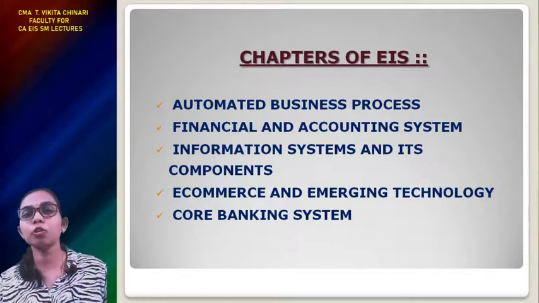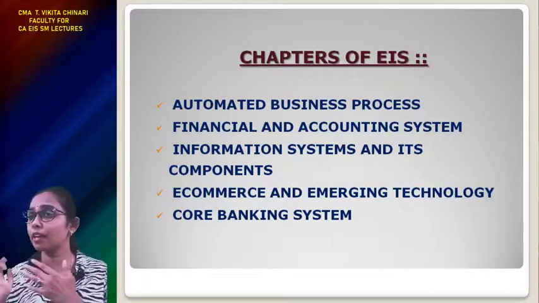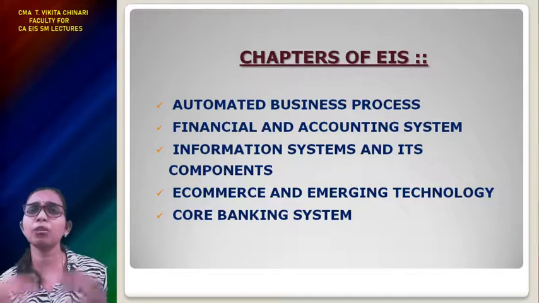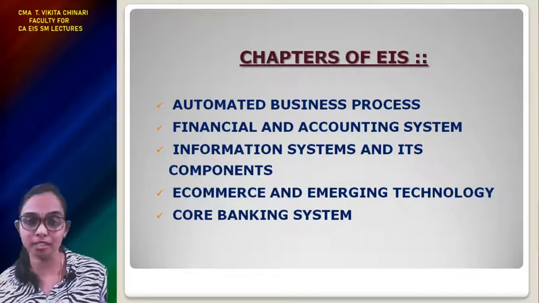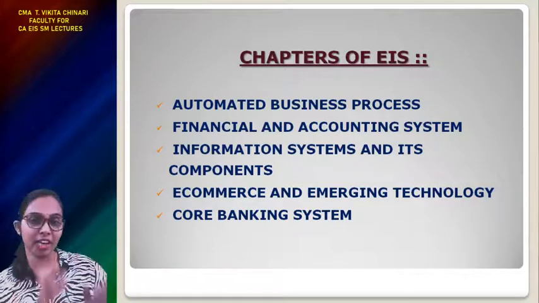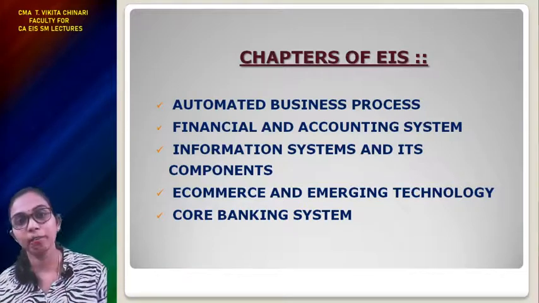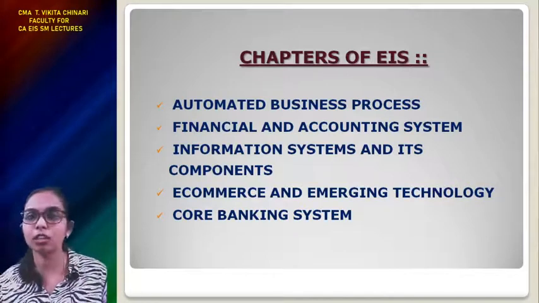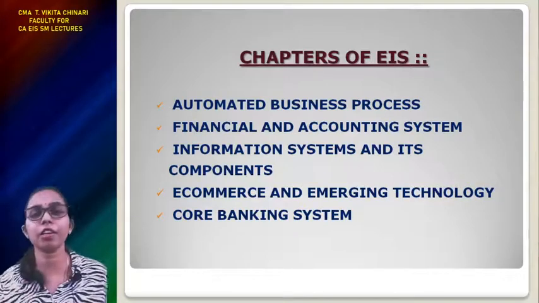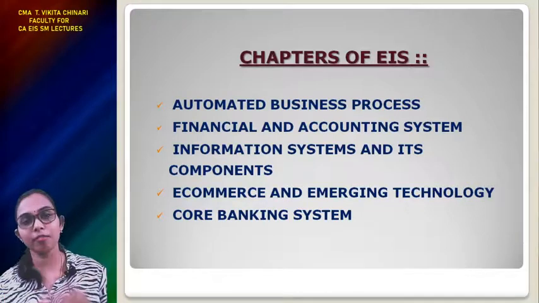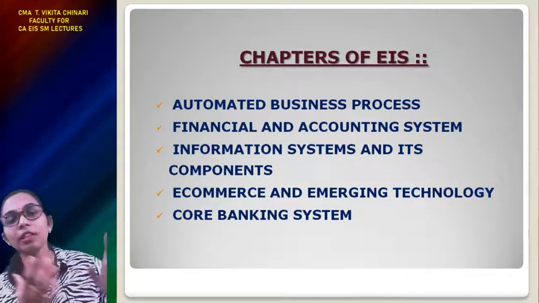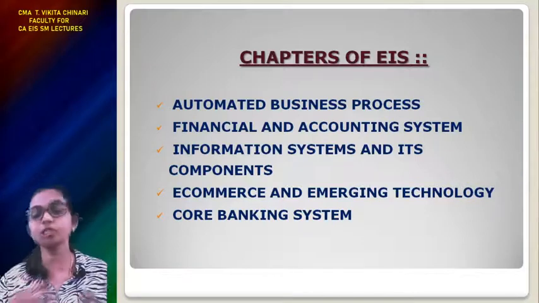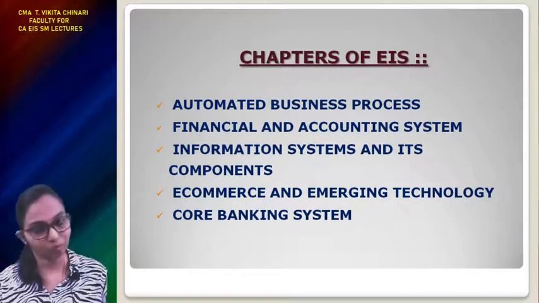Unless they know where they have incurred expenses, where they have earned income, how many assets they have bought, how much liability there is, and what an enterprise is actually doing for the organization, you should have a proper financial and accounting process. So you need to have a balance sheet, a cash flow statement, and different ratios, to know whether the enterprise has a profitable position in the market or not, and whether it is using resources efficiently or not. These are things we can know in chapter number 2. Got it?